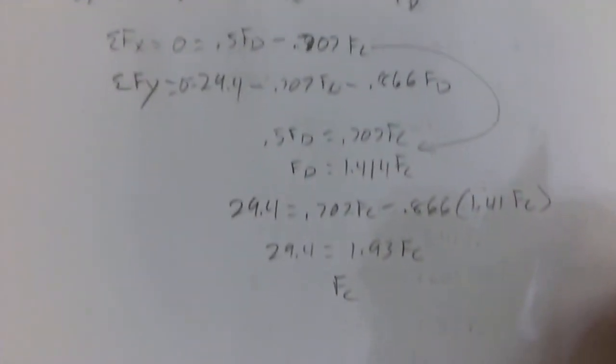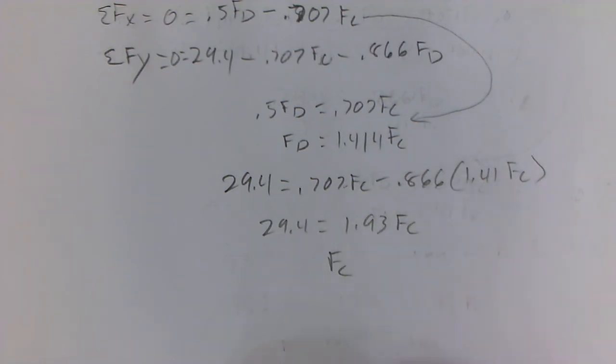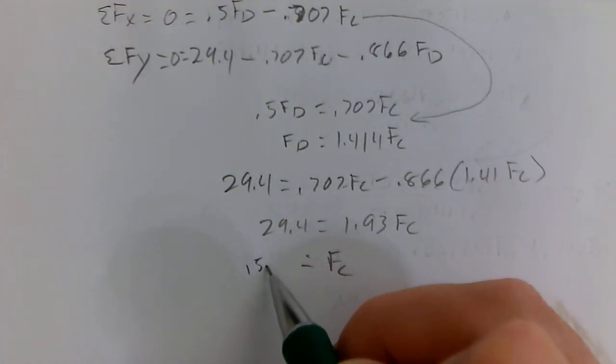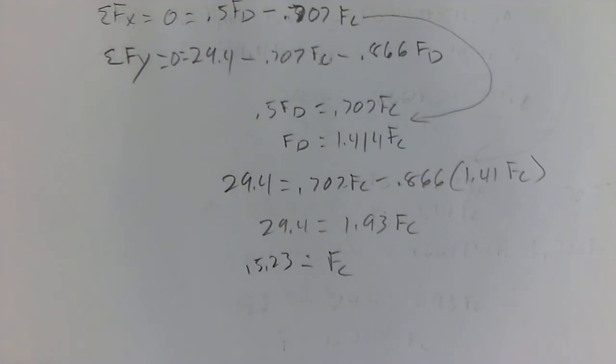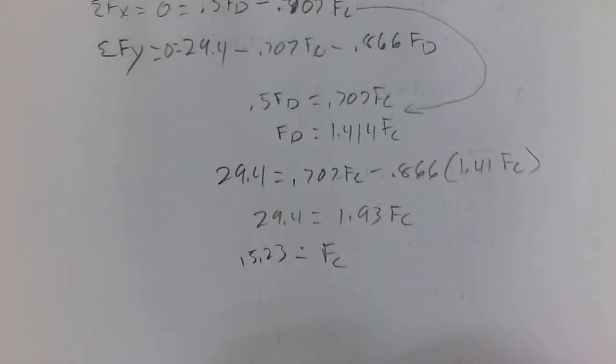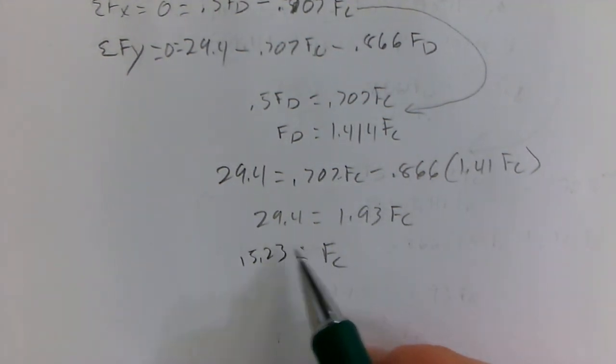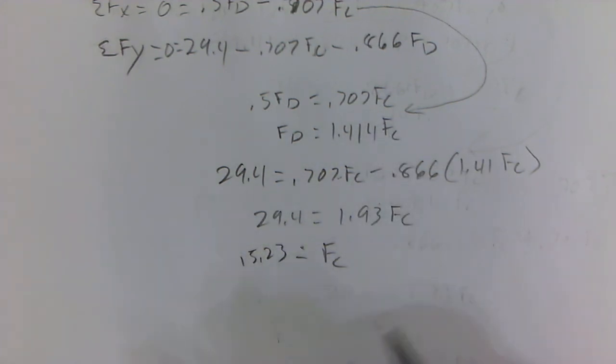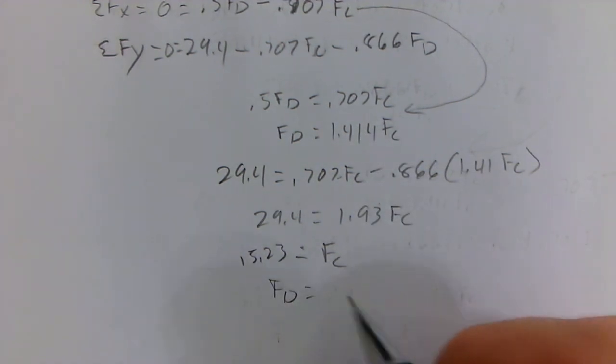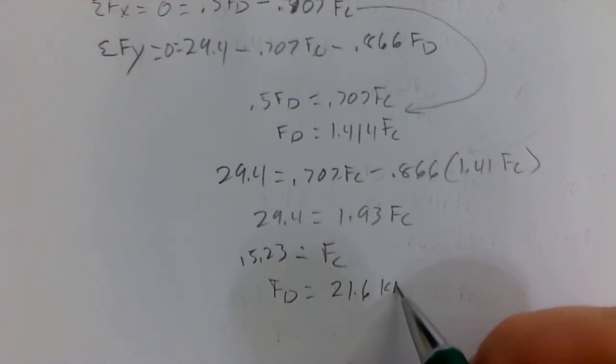So FC equals 15.23. Then I'll put this into there, and FD equals 21.6. Those are both kilonewtons.